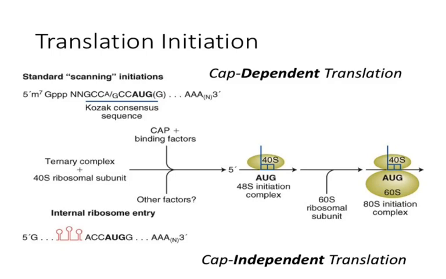Are there variations? Yes. What are the effects of those variations? Well, they can either increase or decrease the likelihood that translation begins at that AUG. We'll talk about the importance of this Kozak sequence in a little bit.